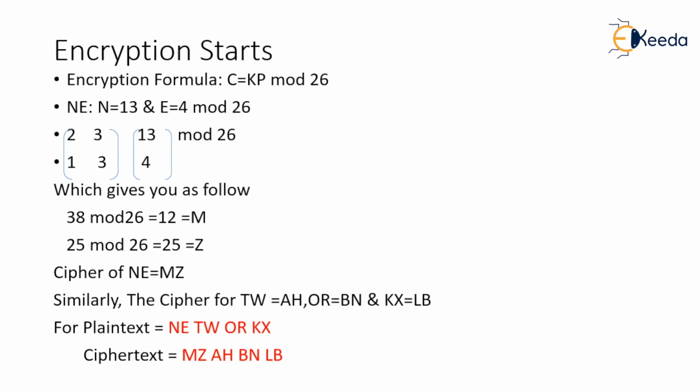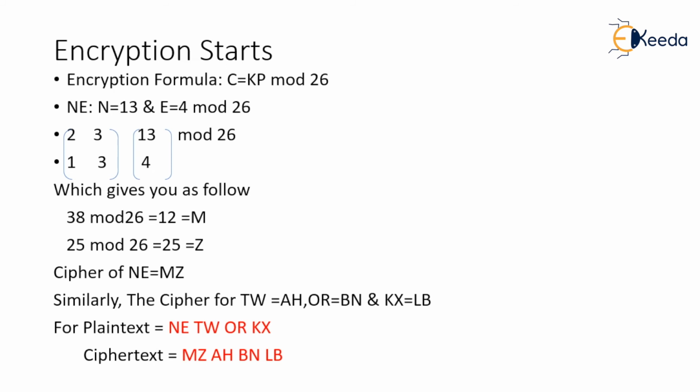In a similar manner, we can find the ciphertext for the other pairs of the plain text. For the pair TW, we get the ciphertext AH. For the pair OR, we get the ciphertext BN. And for the last pair, KX, we get the ciphertext LB.